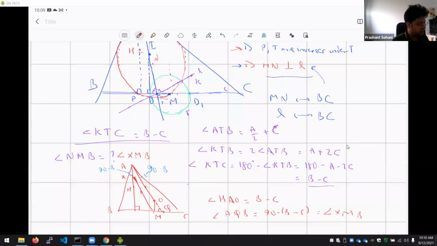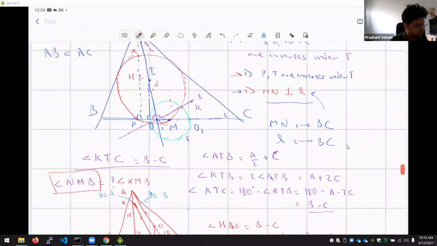Therefore this angle XMB in our original diagram was angle NMB. So the angle formed by MN with base BC is 90 minus B minus C, and the angle formed by line L with BC is B minus C. So they are obviously complementary, and therefore this is true.